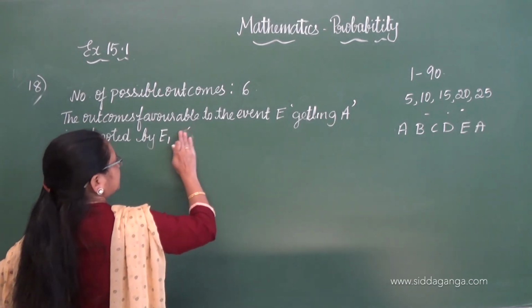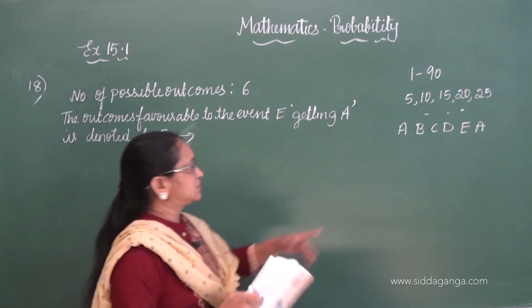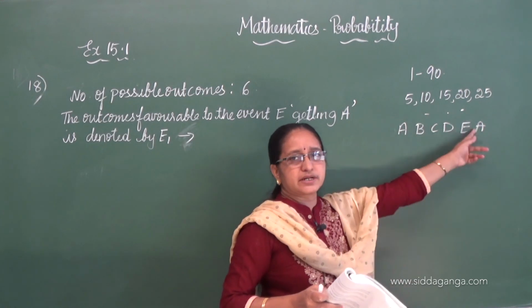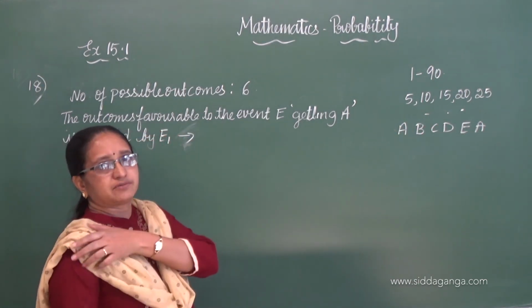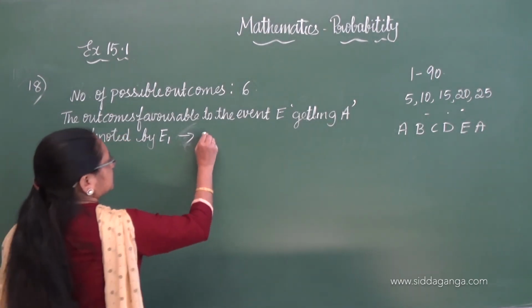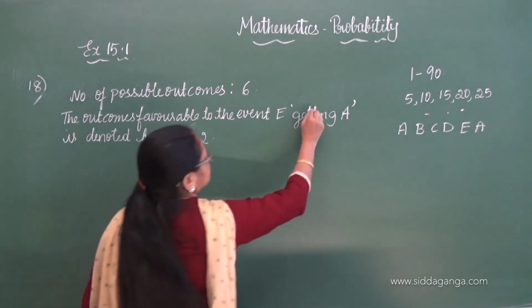How many possibilities are there of getting A? You have seen there are 2 faces having the alphabet A, correct? Therefore, possible is 2.